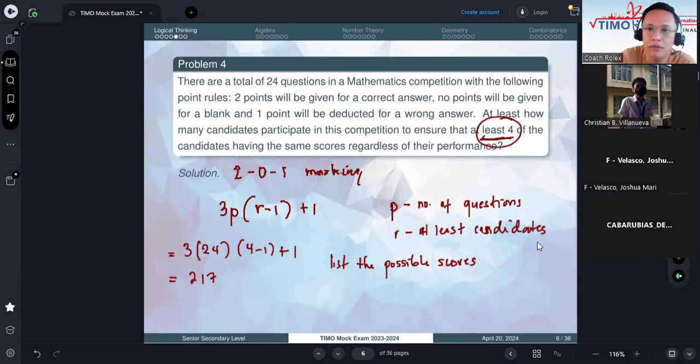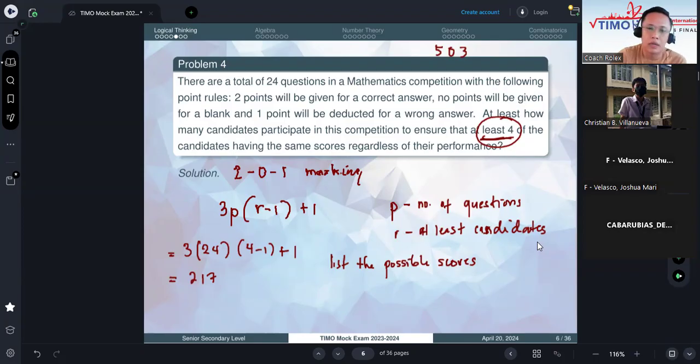Example, we have 5, 1, 5. Usually this is a 503 marking system. List the possible scores. The next one is you multiply it by 8. Then you add 1, because 5 plus 3, that is 8.